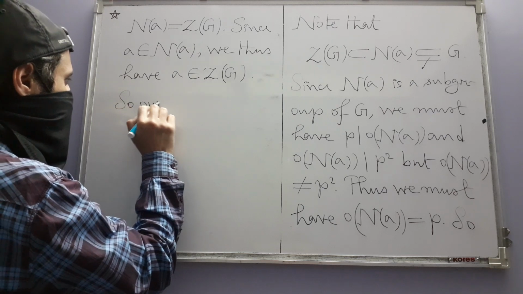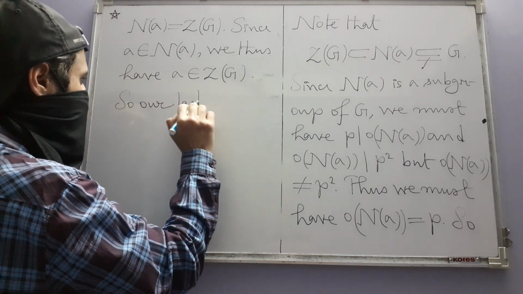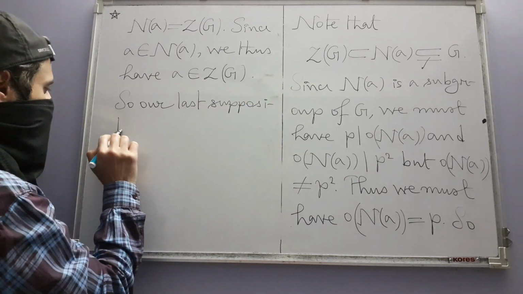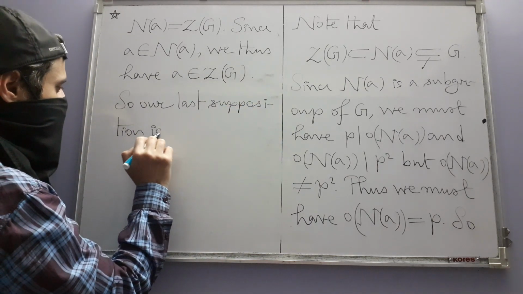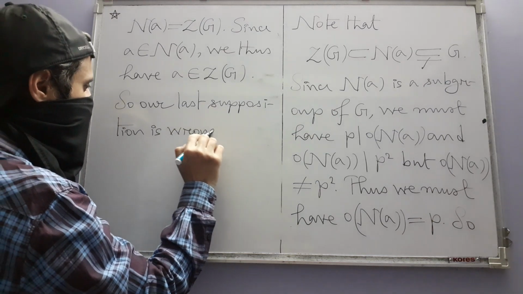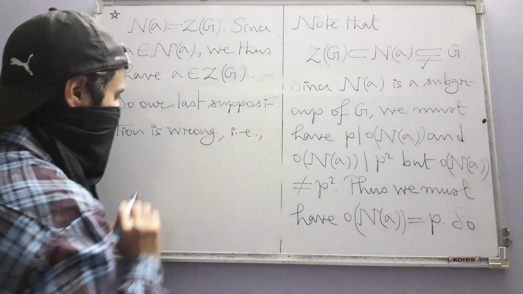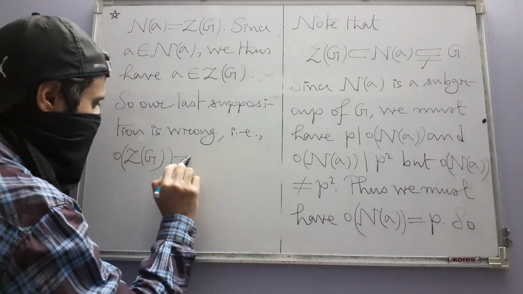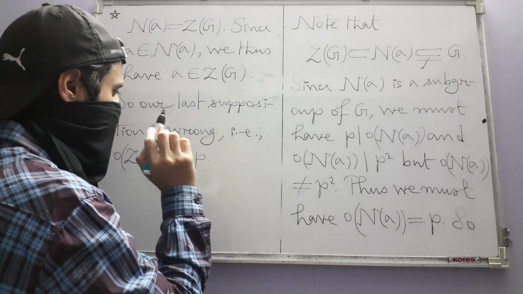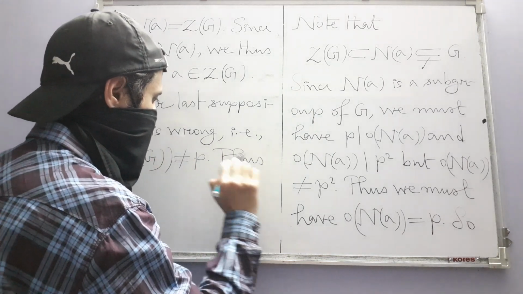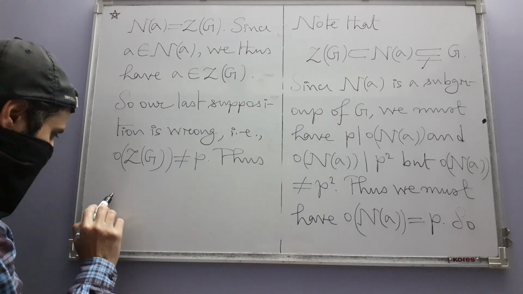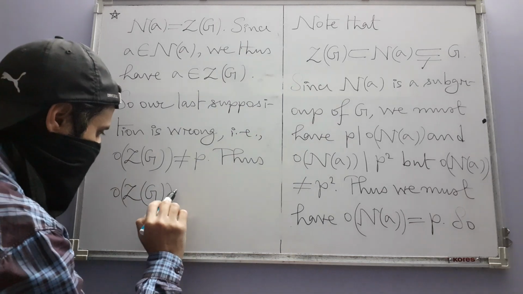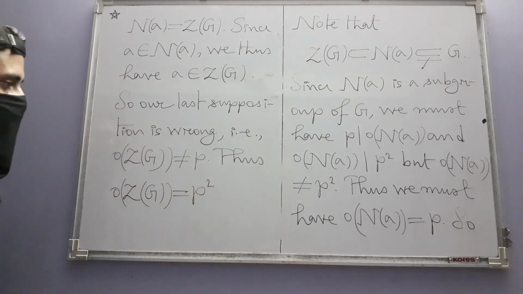So our last supposition is wrong, i.e. the order of the center is not equal to P. Thus, we have to choose the only possibility left for us, namely that the order has to be equal to P square.